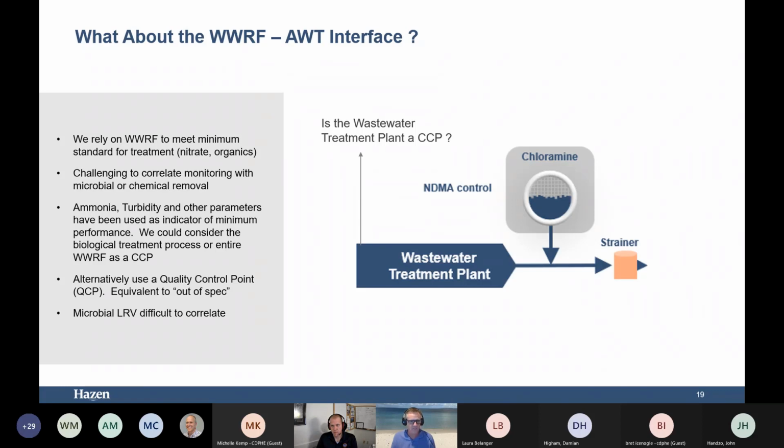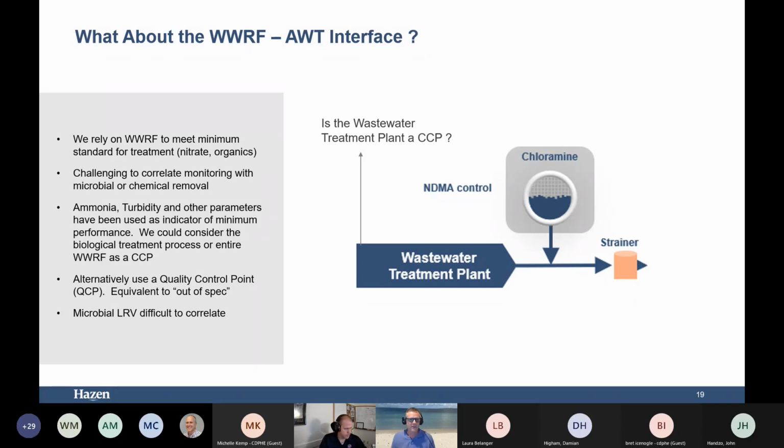Do we have risks in the raw sewage coming to the wastewater treatment plant? Absolutely. Are we relying on the wastewater treatment plant to achieve a minimum level of performance to operate our advanced treatment? Absolutely. Is it easy to correlate microbial and chemical removal with a monitor downstream of a wastewater treatment plant? It gets more difficult.